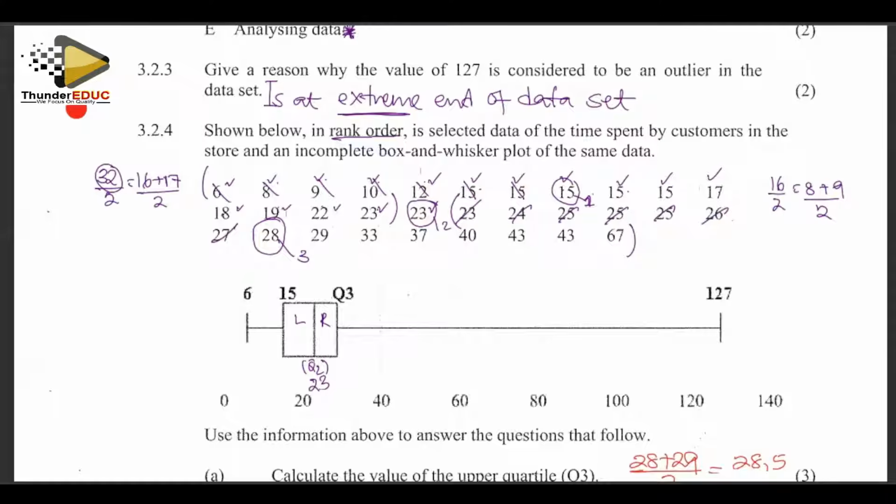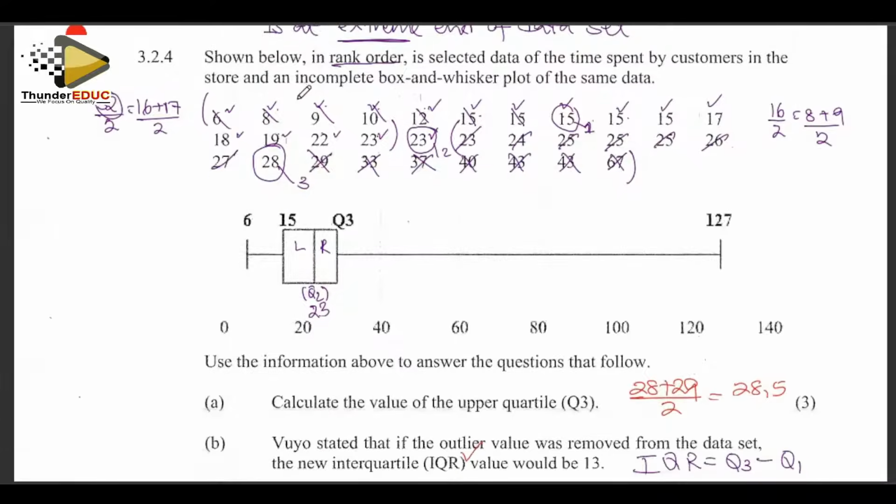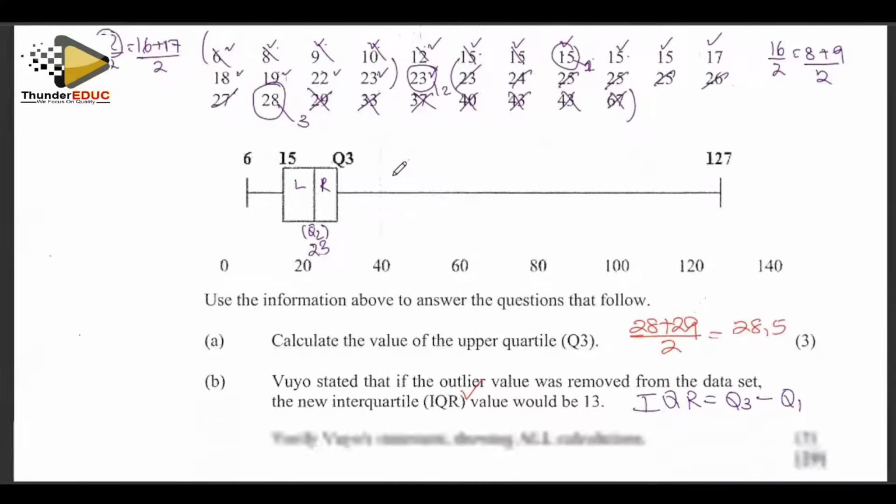Because now we have 7 on both sides. So now we come down and we say, remember, we are proving whether the IQR will become 13.